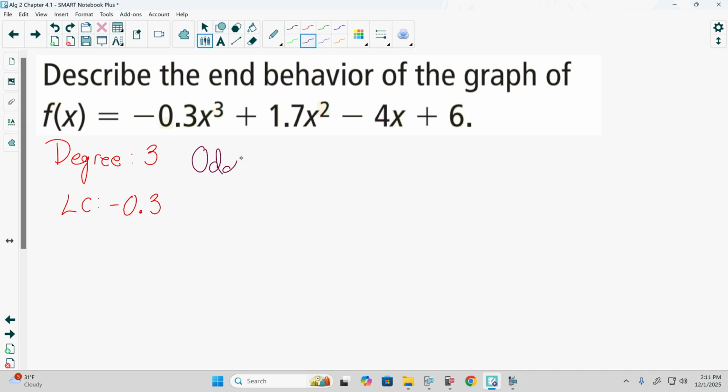Well, 3 is an odd number, negative 0.3, well, that is negative. So the degree is odd and the leading coefficient is negative. So we look at odd and negative.